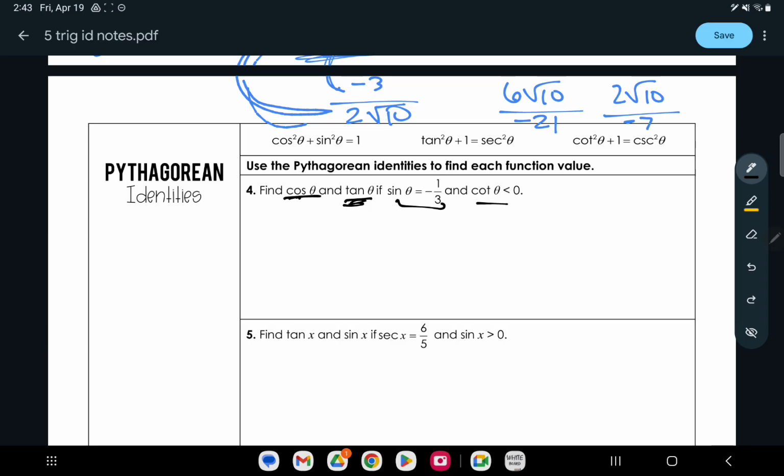All right. So cosine, I would use this. So I would solve for cosine. So cosine squared equals 1 minus sine squared, and then square root.